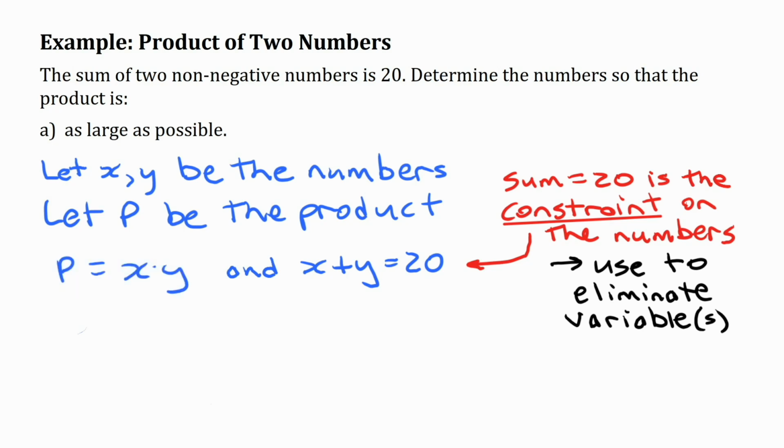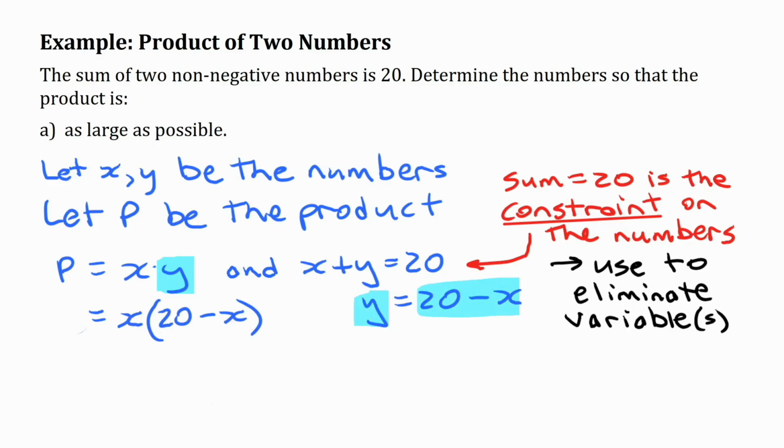So if we rearrange this equation, we can turn it into y is 20 minus x, and then we can use that to replace the y in this equation and make this x times 20 minus x, because y is 20 minus x, and so we change the y to 20 minus x there.